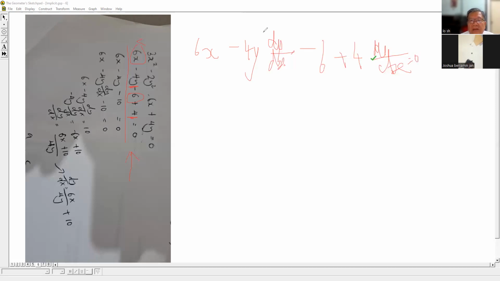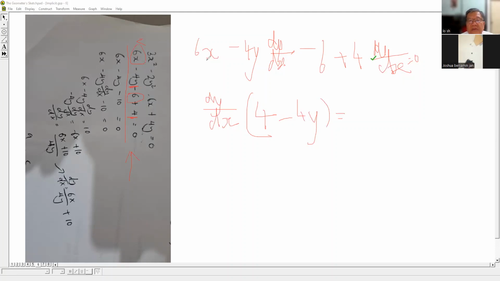So this term with dy dx, this term with dy dx, you factorize them. So you take out the common factor dy over dx. When you take out dy dx, you have 4 left. When you take out dy dx, you have negative 4y.